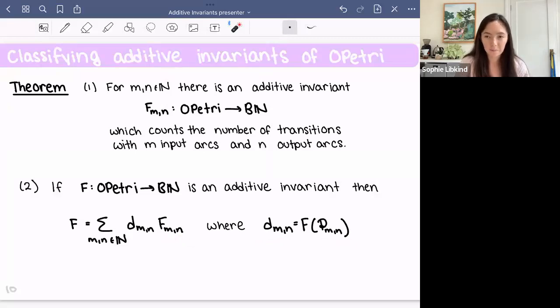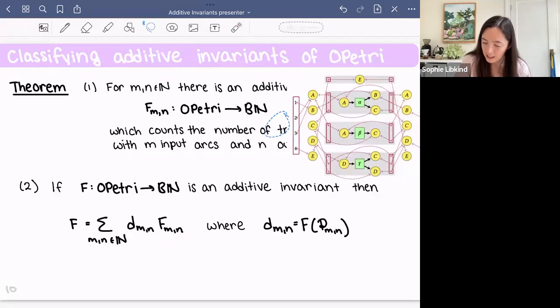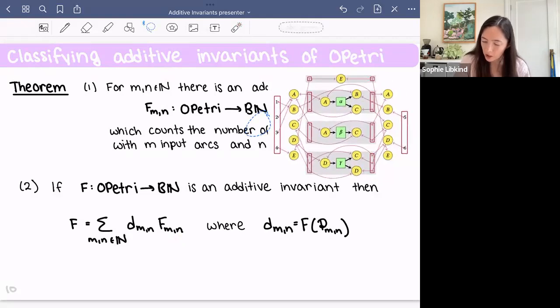And just to give you a little bit of a taste of the proof, let me pull out our example decomposition here. So if I take a Petri net P and then decompose it the way we talked about in the lemma, and then I apply F to it, because F is additive, that's the same as applying F to all of the factors, the Q prime, the G0, G1, G2, G3, and then adding the results together.